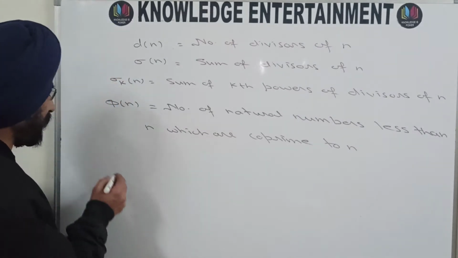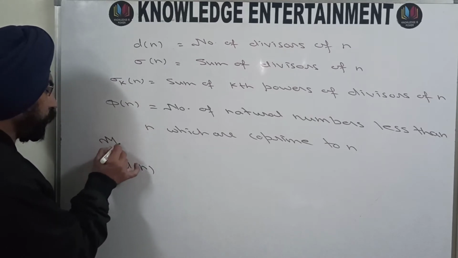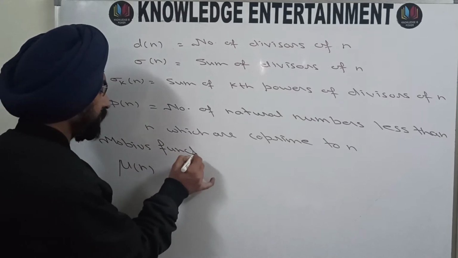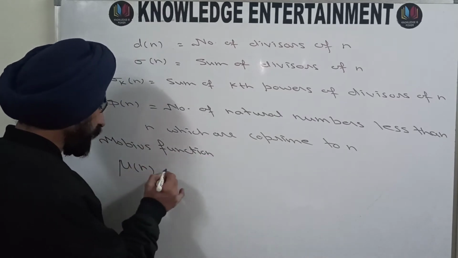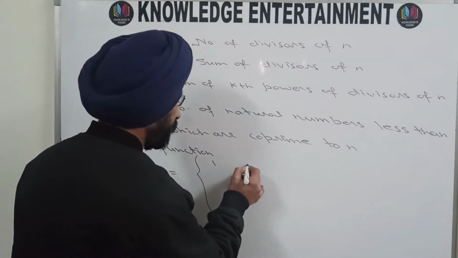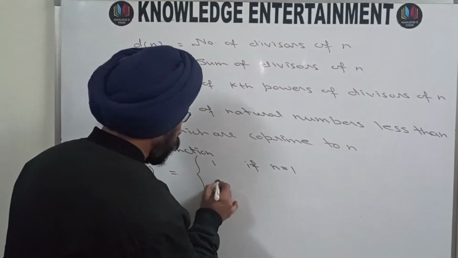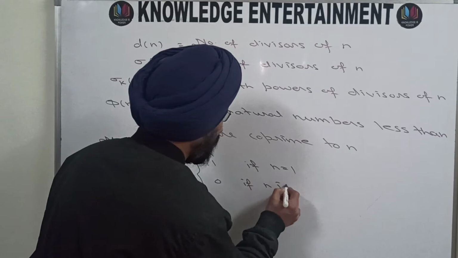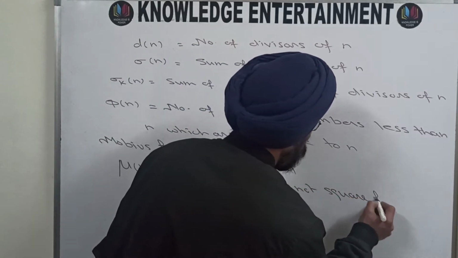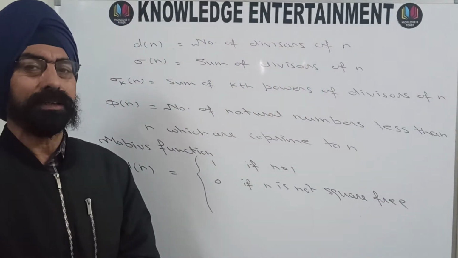Another function is mu(n), which is defined by Mobius. So it is called the Mobius function, and the Mobius function mu(n) assumes the value 1 if n is equal to 1. It is 0 if n is not square free. Not square free means the square of some prime number divides n.